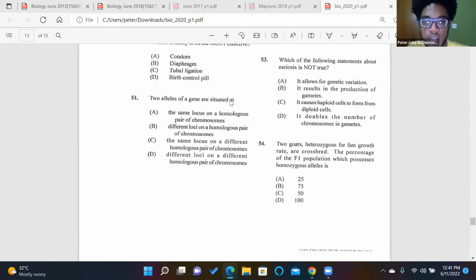2 alleles of a gene are situated at? All right, so an allele.